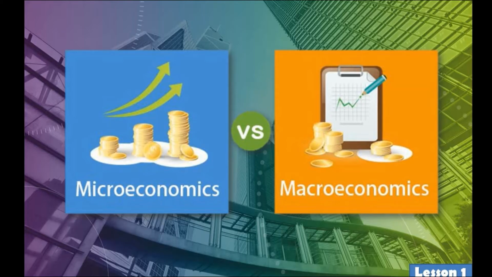So again, microeconomics deals with one entity, with the small units. So yung effect ng activity na to, hindi naman siya magkakaroon ng effect sa buo. Kumbaga, it will not affect the entire economy.